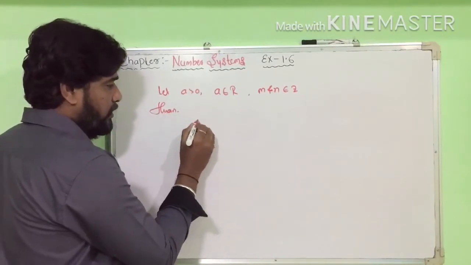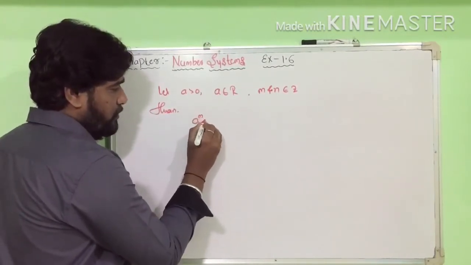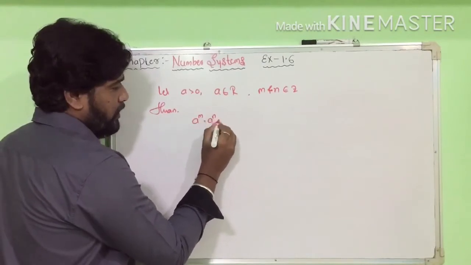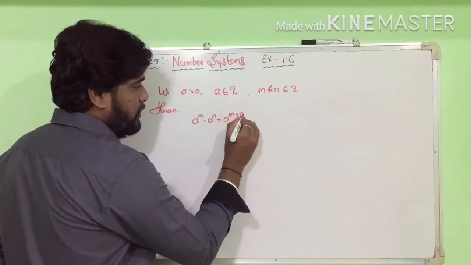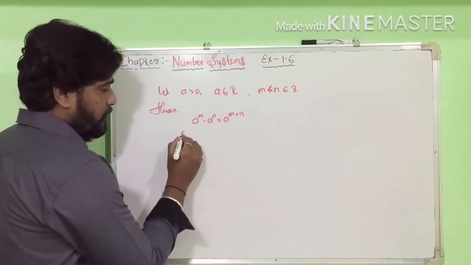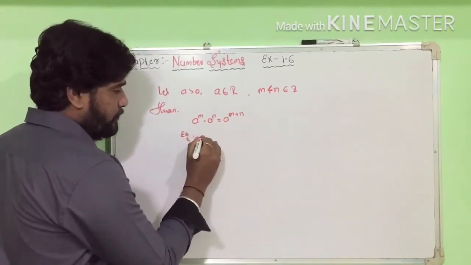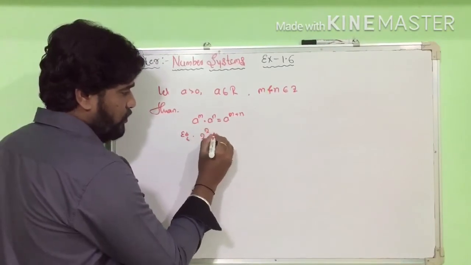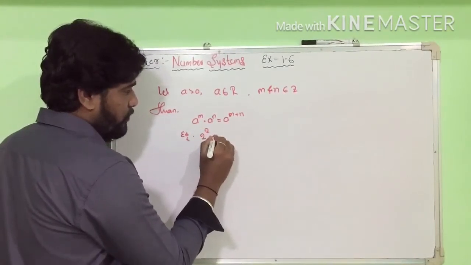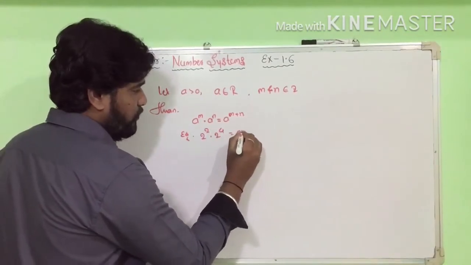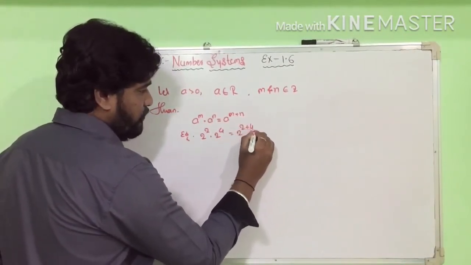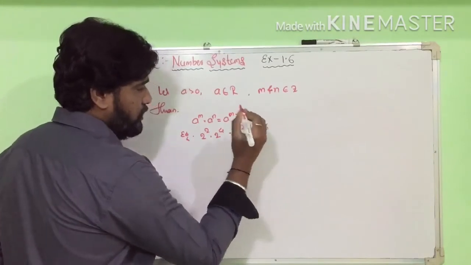Then a raised to m into a raised to n, we can write a raised to m plus n. For example, 2 raised to 2 into 2 raised to 4 is equal to 2 raised to 2 plus 4, which is equal to 2 raised to 6.